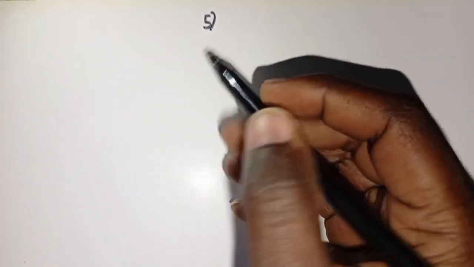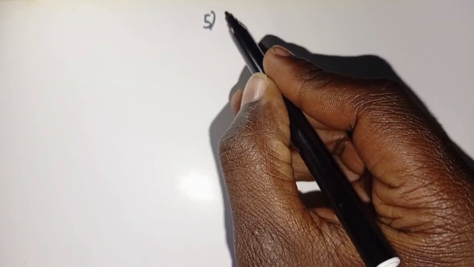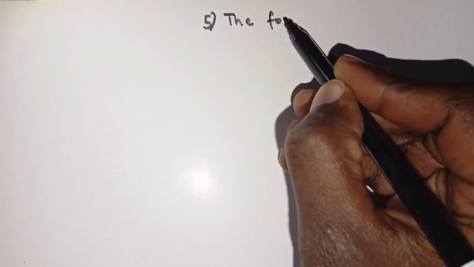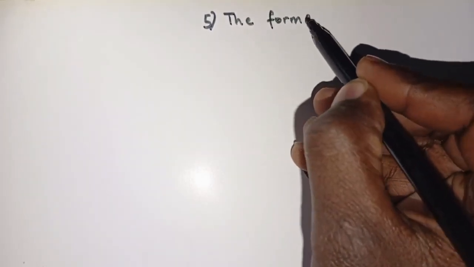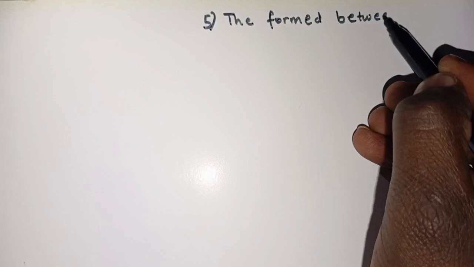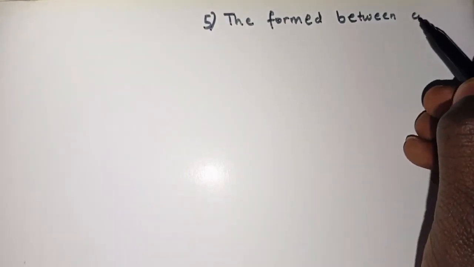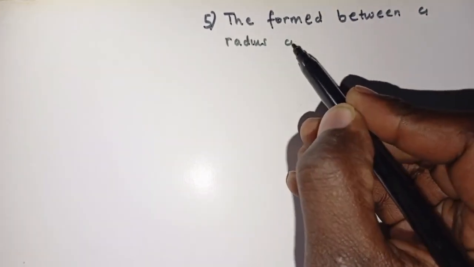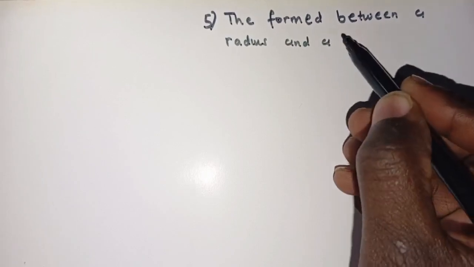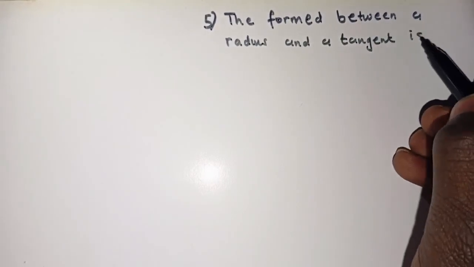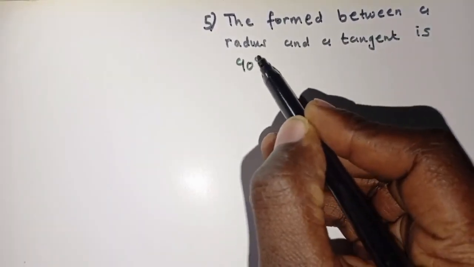Okay, so the property number 5 states that the angle formed between a radius and a tangent is 90 degrees.